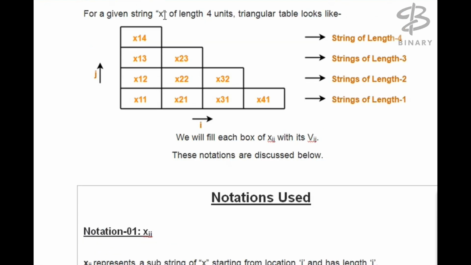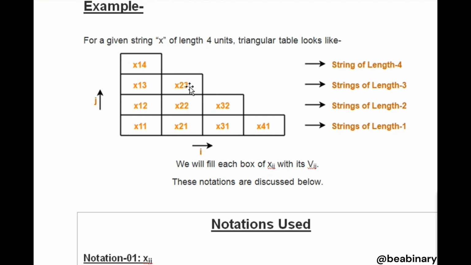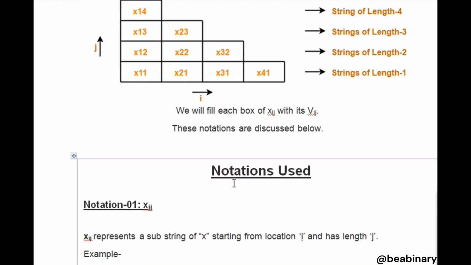Because a given string has substrings of 4 units, आपका string. Okay, that's why ये आपका ऐसा लिखा गया. So first we have to fill all the things. Then how we can fill that, it is 4, then how this can be formed. So there is one formula I will tell you here.